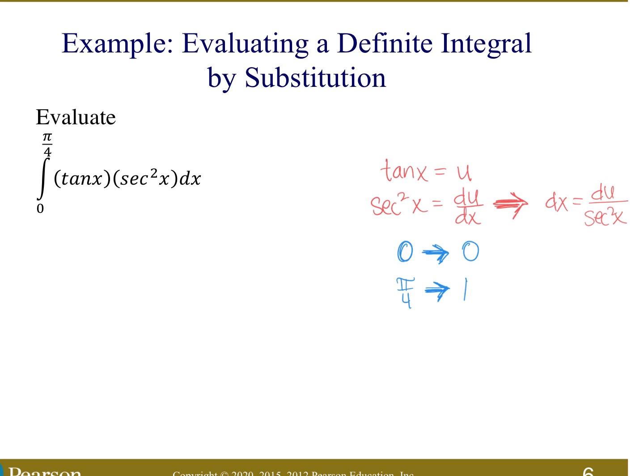Good. So this will become the integral from 0 to 1. u takes the place of tan x. Secant squared is still part of the product, but the du substitution is going to take care of that secant squared for me.